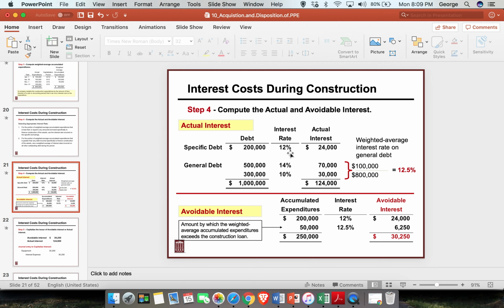That is basically tied to that special purpose asset, the 12%. This bond or note was for that 12%. All right, so the avoidable interest is $30,250. And journal entries will debit equipment $30,250 and credit interest expense for $30,250.